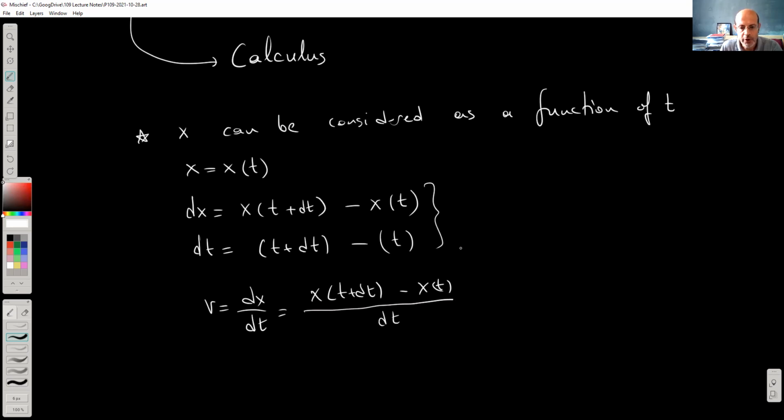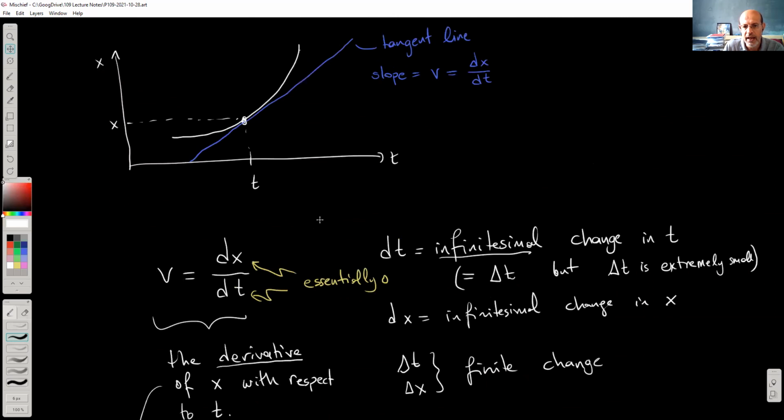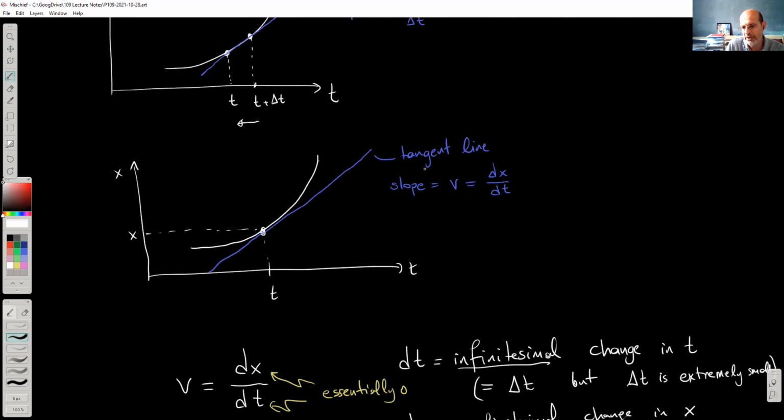Okay, so in any case, in calculus, the instantaneous velocity is equal to the derivative. On the x versus time graph, the derivative appears like the slope of the tangent line, right? So as a result, we have these two different mathematical ways of looking at this concept in here.